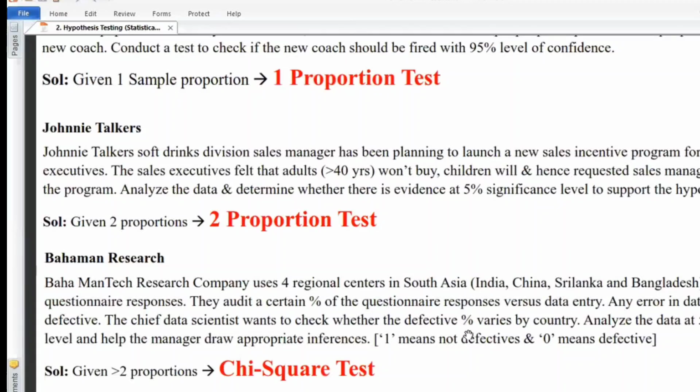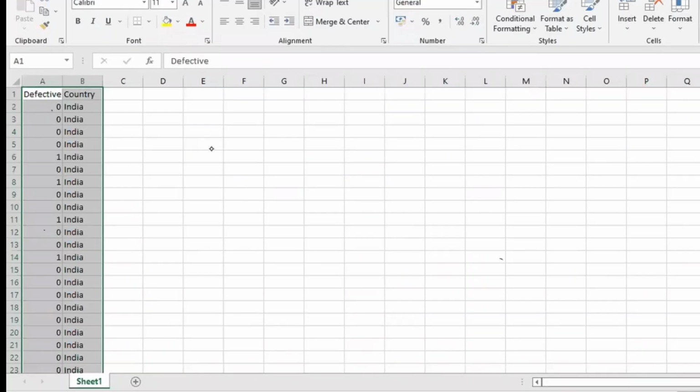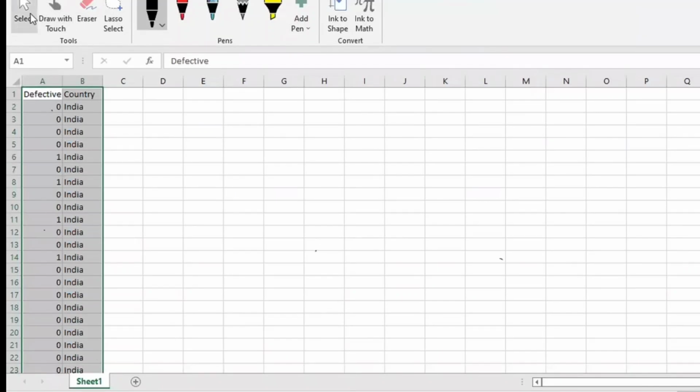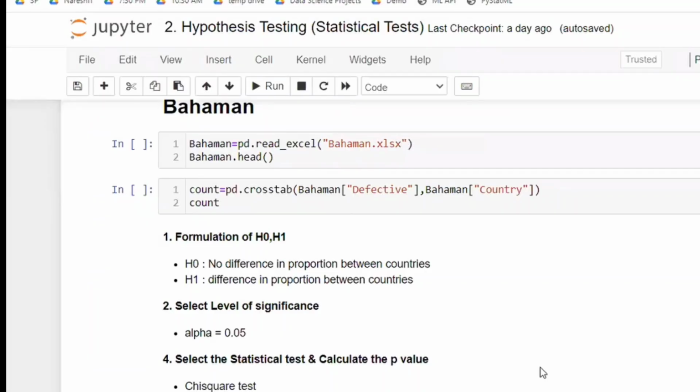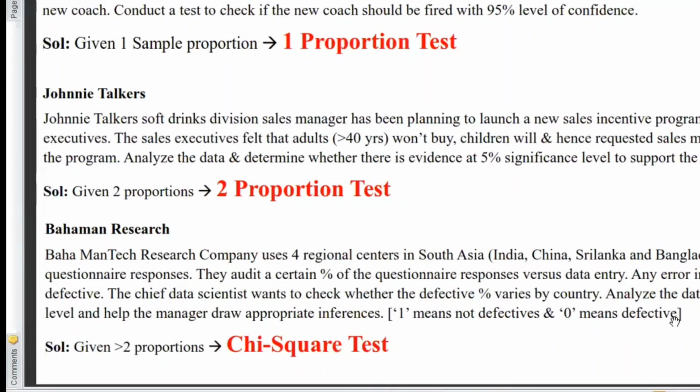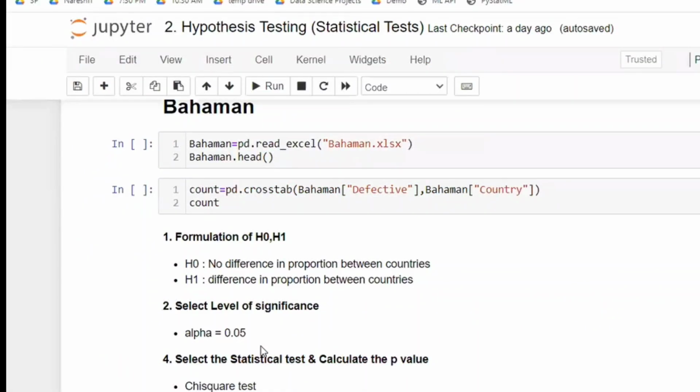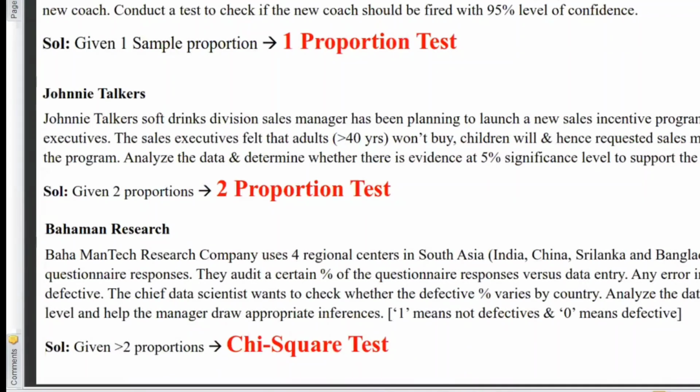We are analyzing which country has the lower defective percentage. We have to identify it. If everyone is equal, then everyone is equal. Here, 0 means defective and 1 means non-defective. I have given it here: 1 means non-defective, 0 means defective.